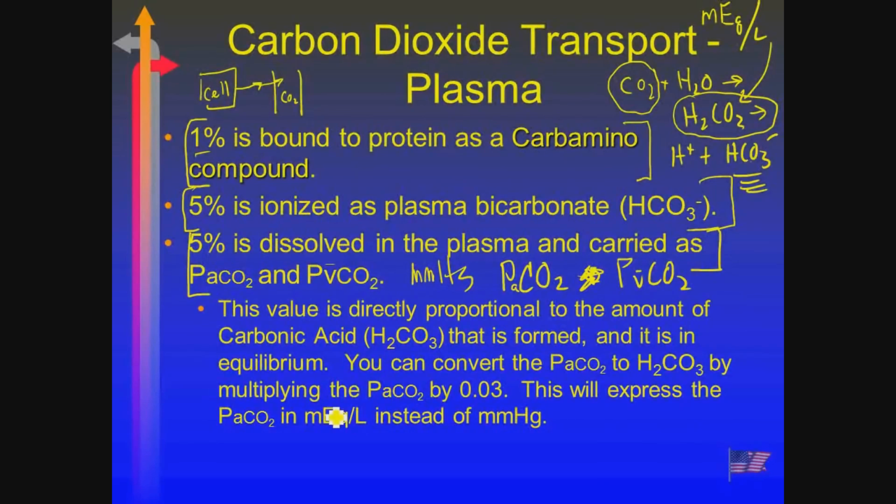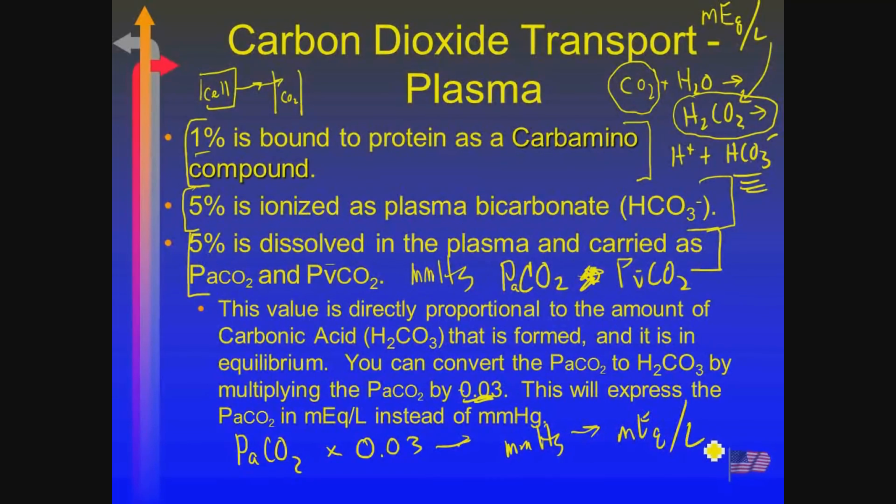I want to go back and forth between the two. So if I take my PaCO2, multiply it by a factor of 0.03, I will then convert that PCO2 from millimeters of mercury to milliequivalents per liter. And I'll explain why later, but for right now, that's just the way we do it.